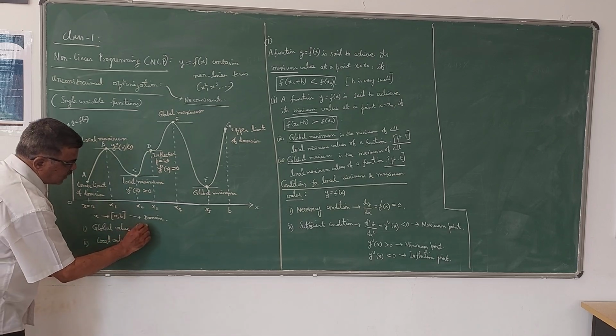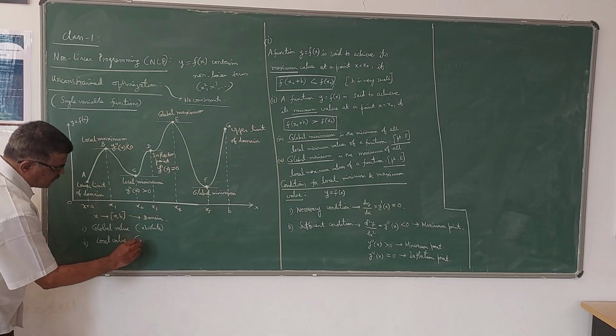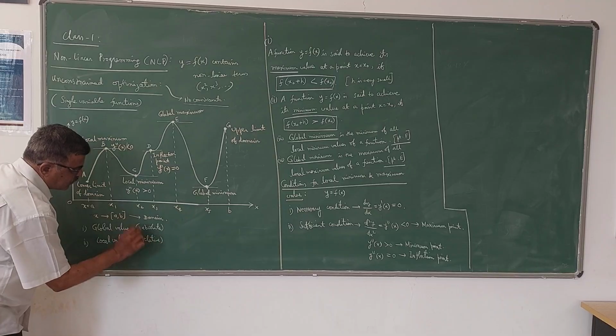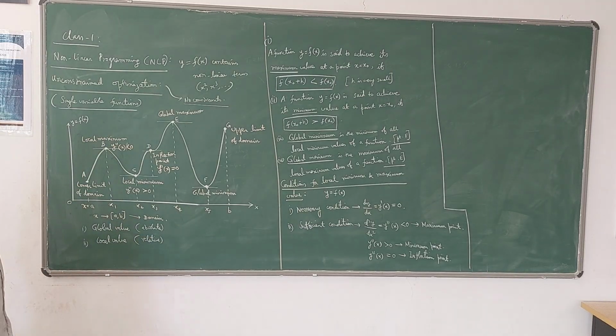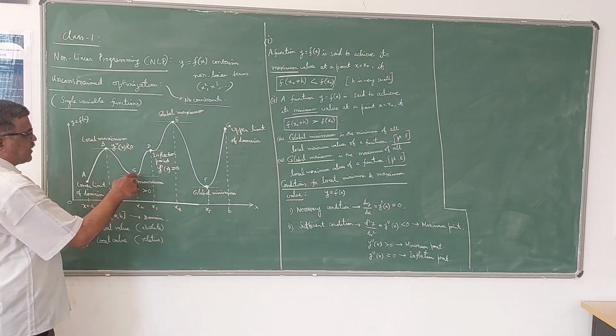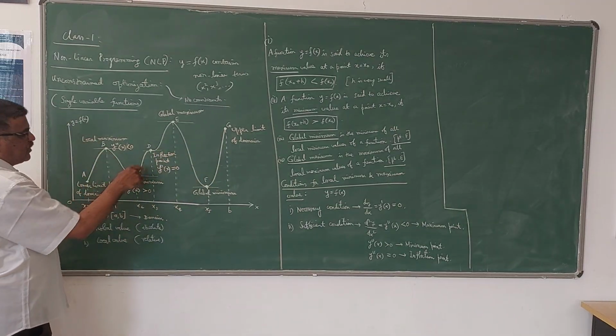Global value is also called the absolute value, whereas local value is also called the relative value. If you take a function y is equal to f of x and plot a graph, I have taken a graph like this. This is the graph of y is equal to f of x.